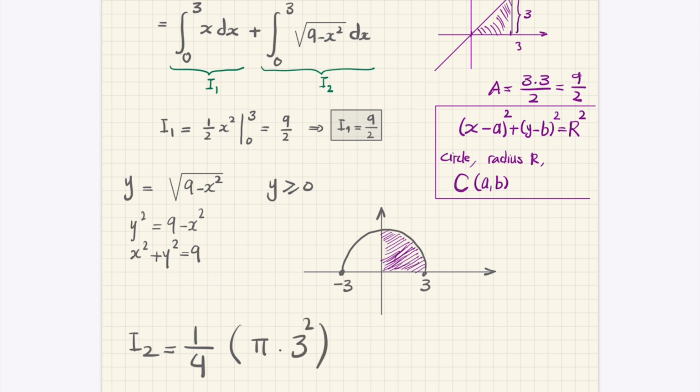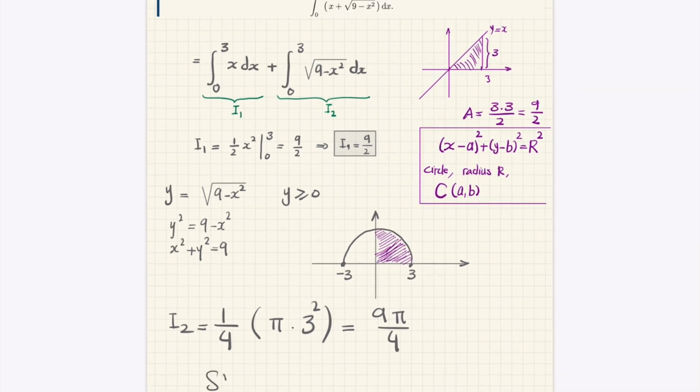So the answer would be 9 pi over 4. So finally, the answer to this problem is I1, which is 9 over 2, plus I2. So the answer would be 9 over 2 plus 9 pi over 4 area units.